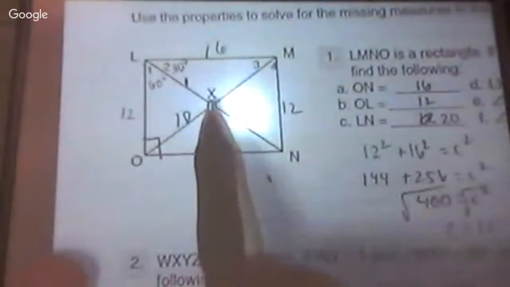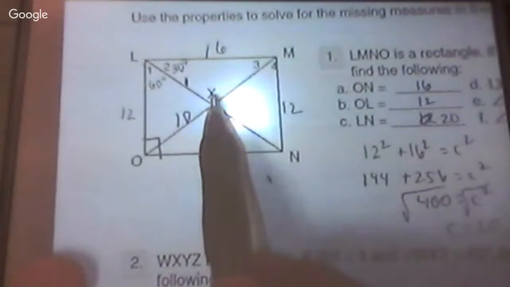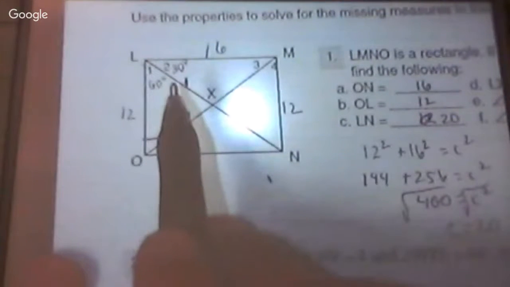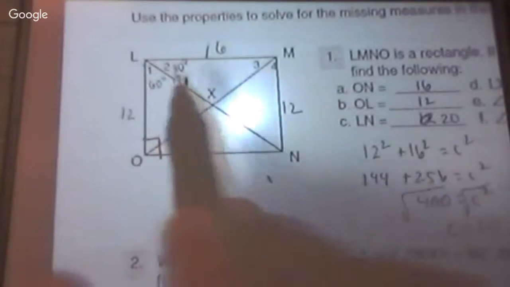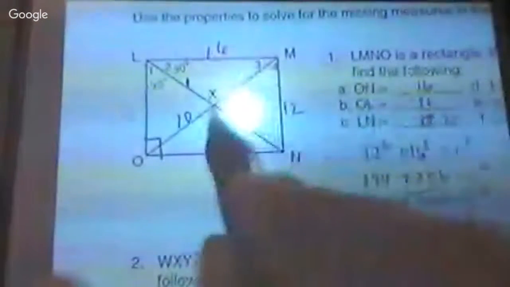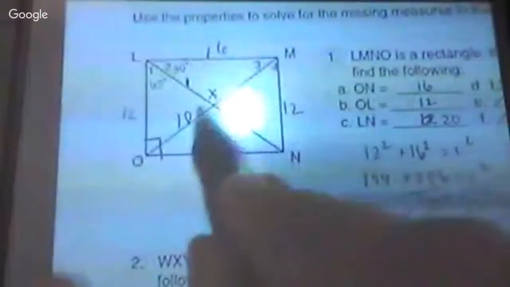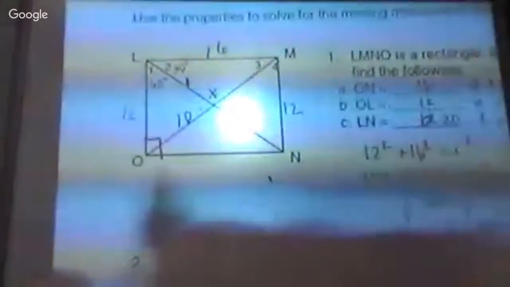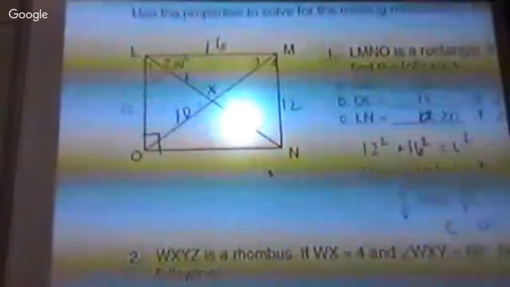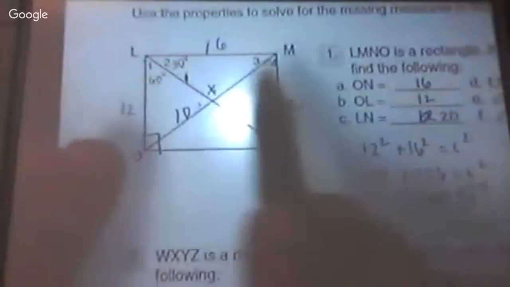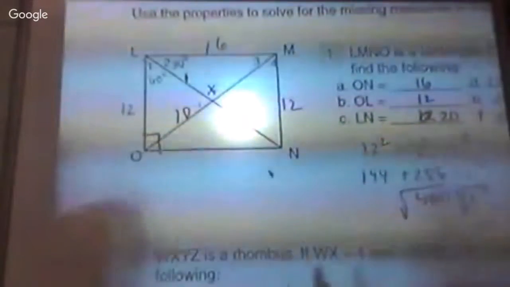Angle 3, let's see here, how can we work this? This does not have to be right angles. In a rhombus situation, this would be right angles here, so we would have a 30, 60, 90 situation. However, that's not the case.